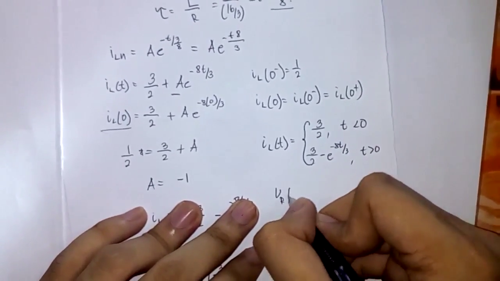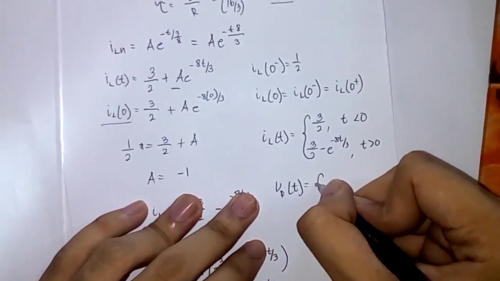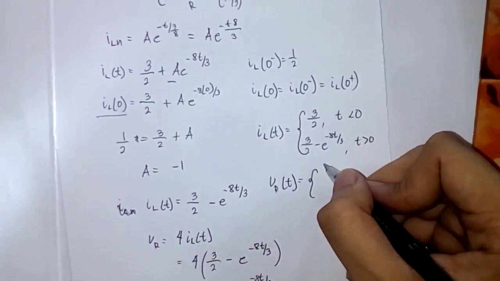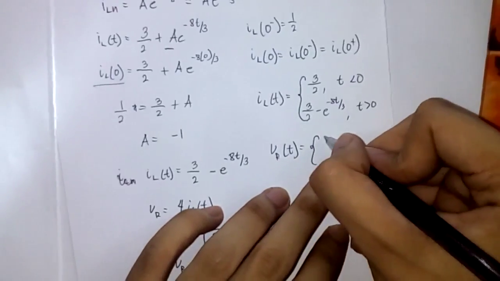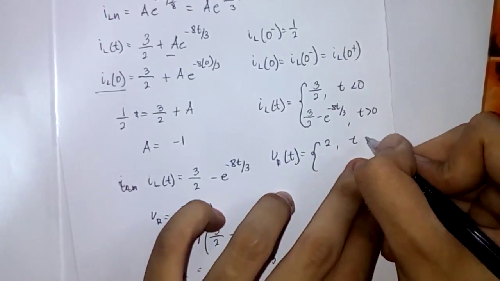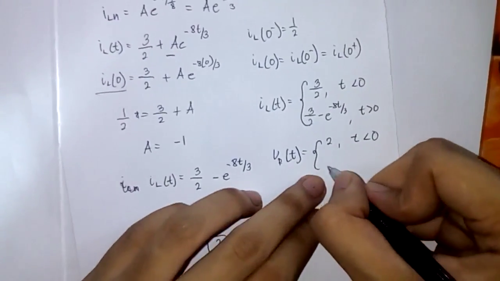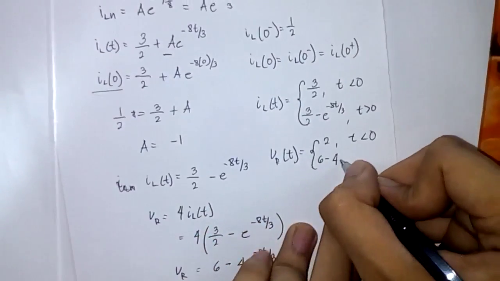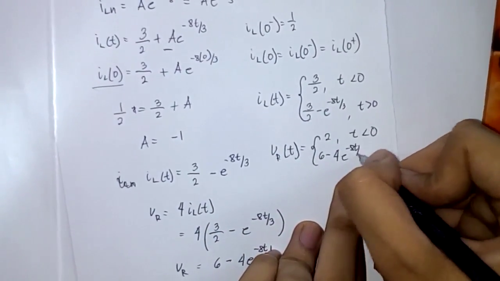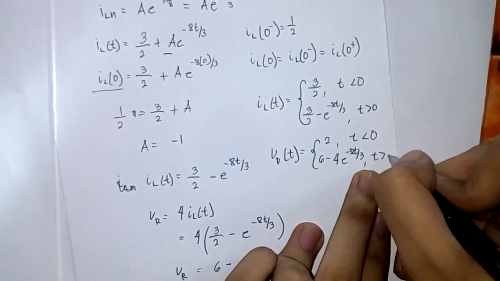And VR for all t would be equal to 2 when t is less than 0, and 6 minus 4e to the negative 8t over 3 when t is greater than 0.